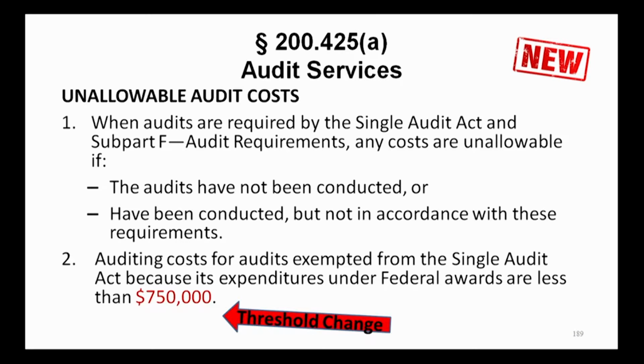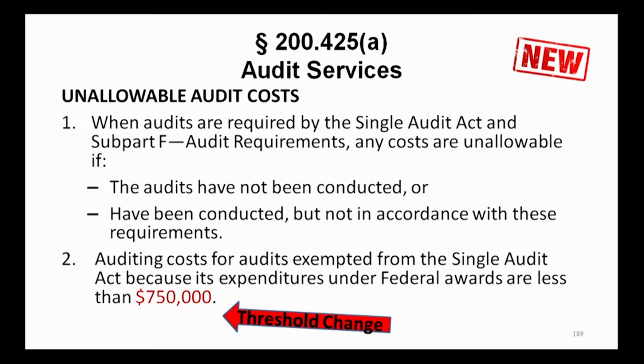Many of us have already heard of the change in the threshold under 425A, but this whole section was imported from the A-133. And when we get to A-133, which is now Subpart F, we'll see that when it gets to audit cost, it will refer right back to this.